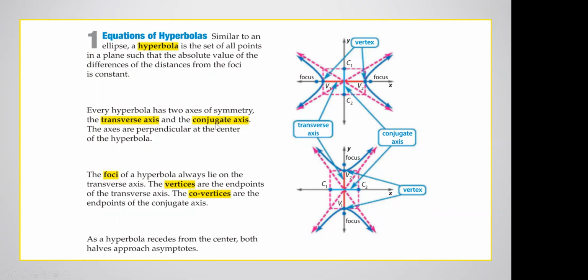And then the conjugate axes are perpendicular to the transverse axes at the center of the hyperbola. So we need the center in order to be able to graph a hyperbola, and then this would be the conjugate axis, and up here for this one.